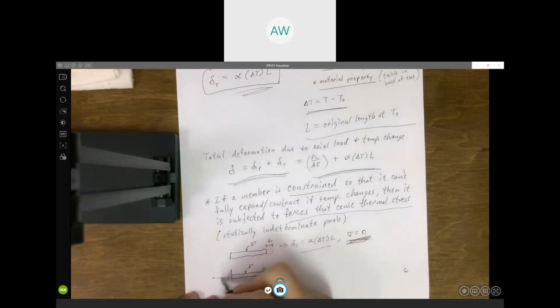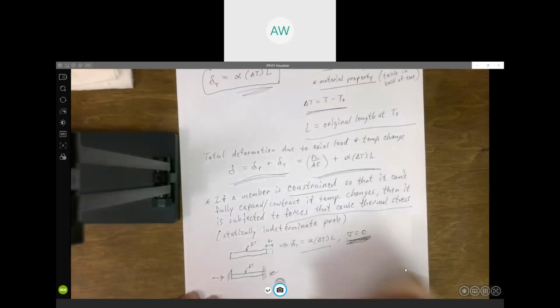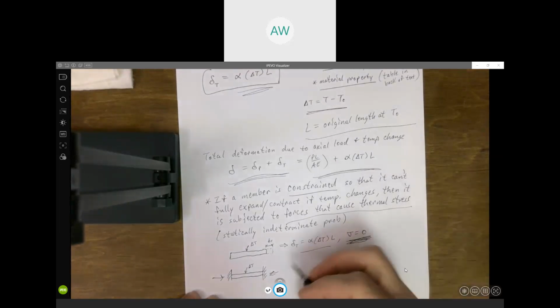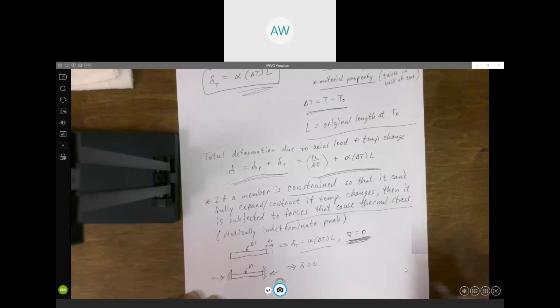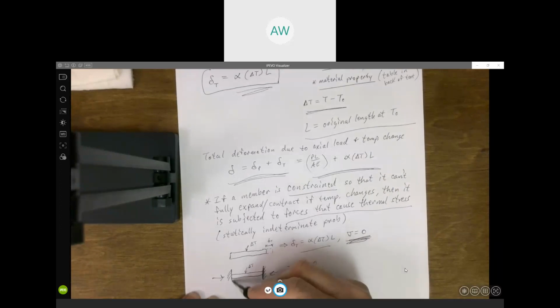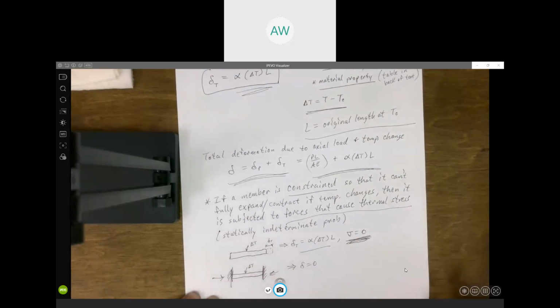But the wall here pushes it back in, doesn't let it expand, and it generates this force. That force is what's actually going to cause stress. So in this situation, delta is 0. It doesn't change length. It can't change length, right? It's somehow or another constrained on each end. So this thing can't get any longer or shorter.